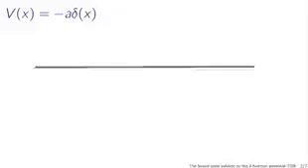So, what we're working with is a delta function potential, v of x, and v of x under these circumstances looks something like this. We're looking at v of x as a function of x. It's 0 everywhere except at the origin, x equals 0. And there, it goes to negative infinity.